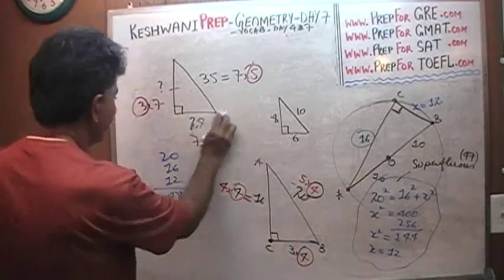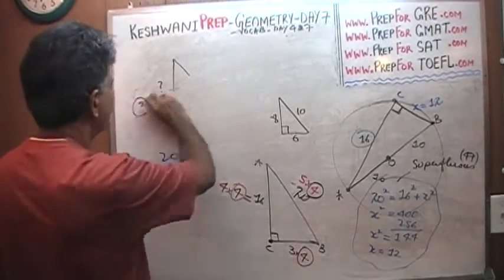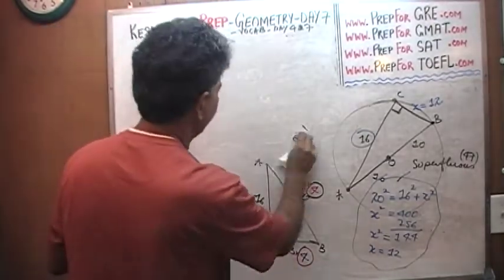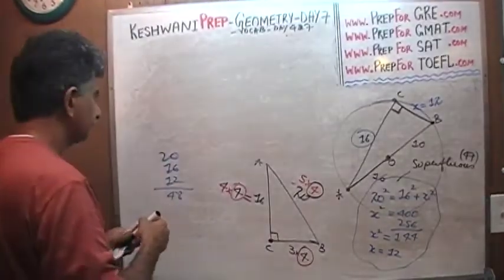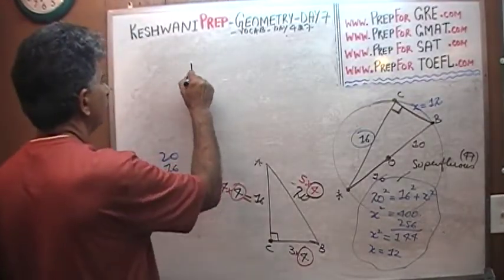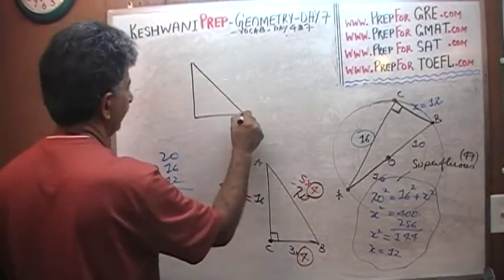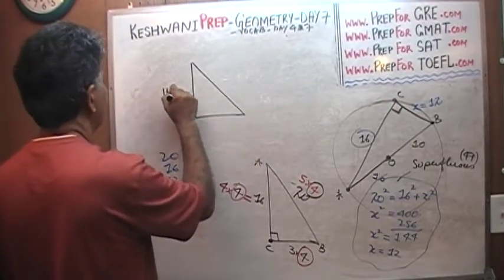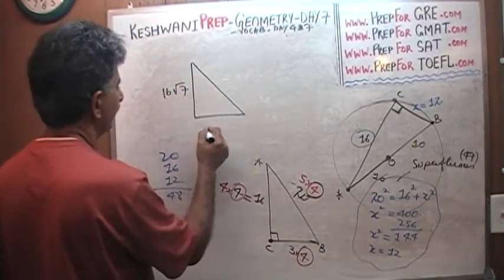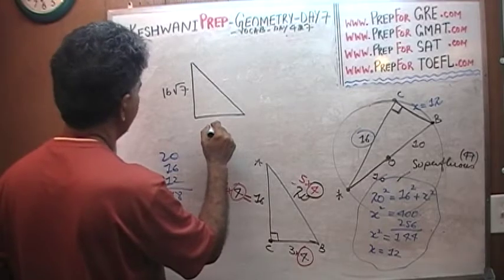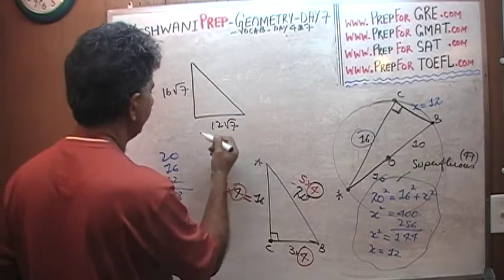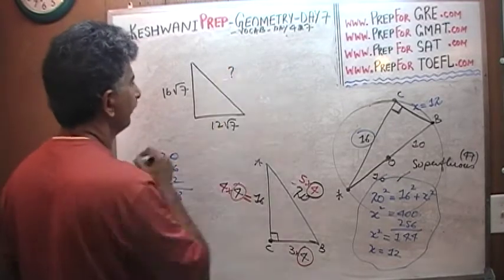Let's do one more example. Something weird, something really kinky. How about 16 times root 7 and 12 times root 7? How much would this guy be?